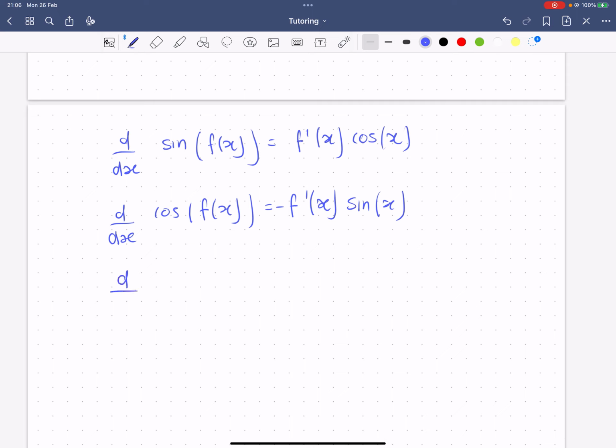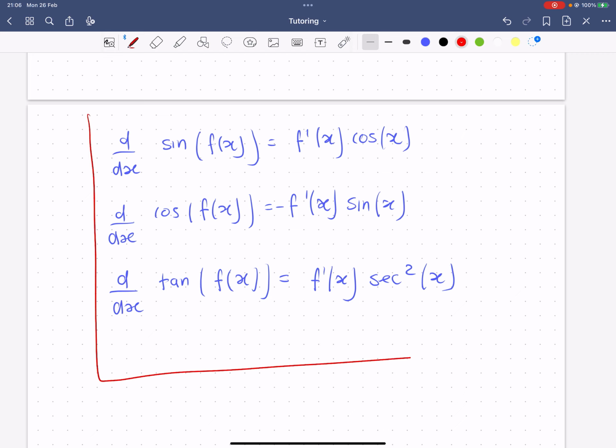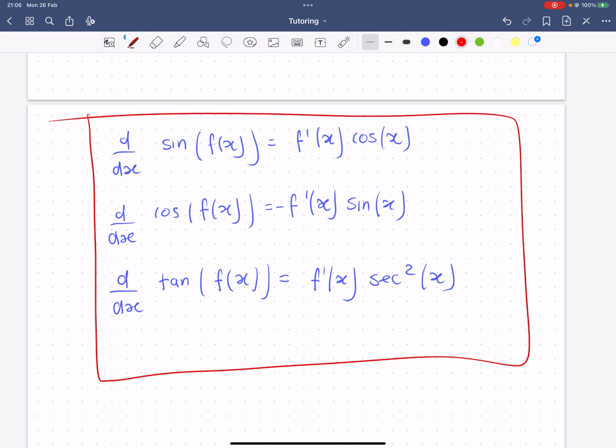And the differentiation of tan of f of x is f dash of x sec squared of x. Those are the formulas that we need to have had memorized for trigonometric differentiation. We'll do 3 examples, and then we'll finish.